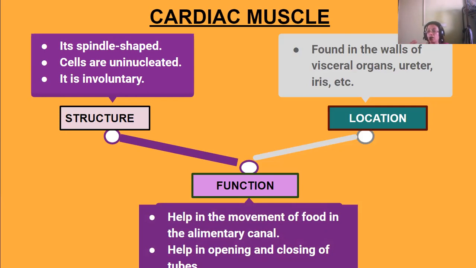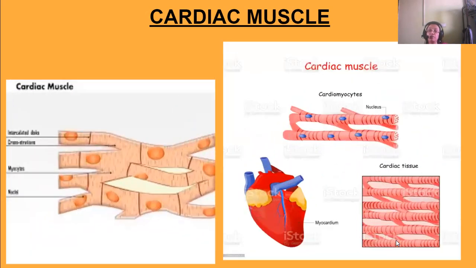That is the lub dub which we hear when we take the pressure. When we measure the pressure of somebody, we hear that lub dub sound of the heart, and that is due to the cardiac muscles. This is present in the heart only and not in other organs, as the name suggests.